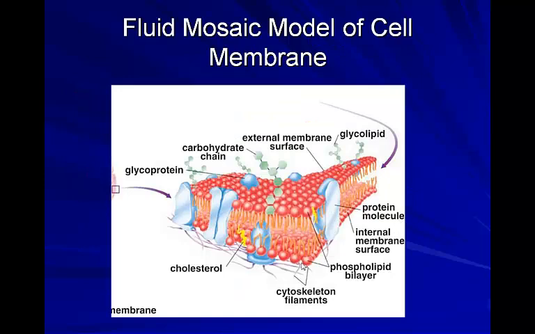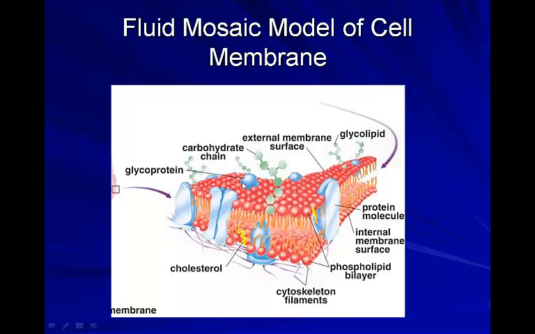This is a typical depiction of what we call the fluid mosaic model of the cell membrane. You can see here all these little red heads, these red balls are those phosphate groups, and the little lipid tails are facing each other, and you can see how dynamic the cell membrane is. You can see there's all these embedded channels or pathways, different protein molecules. There's some carbohydrate chains that are attached to some different proteins.